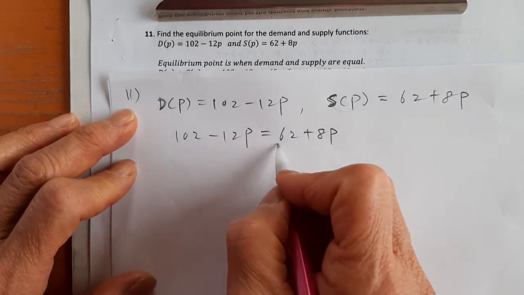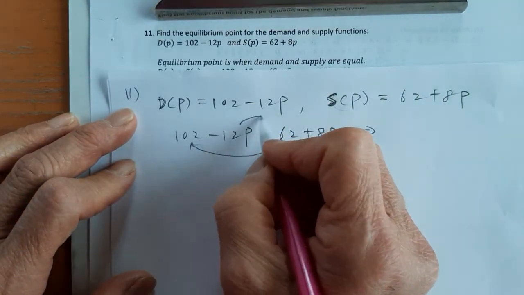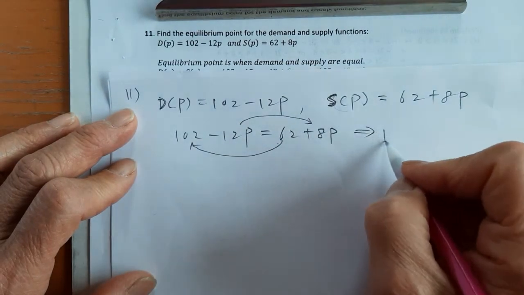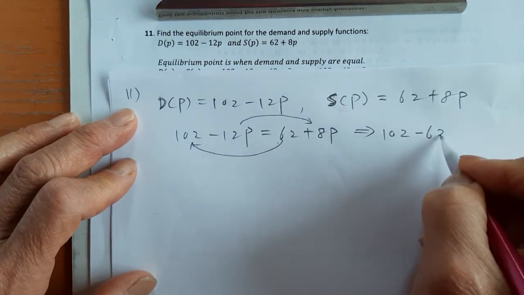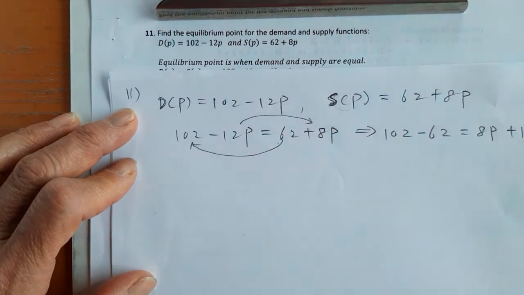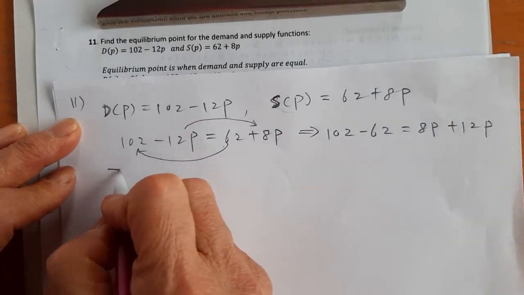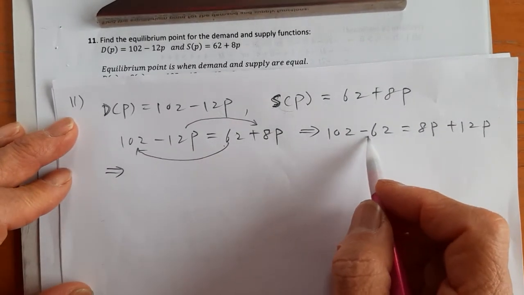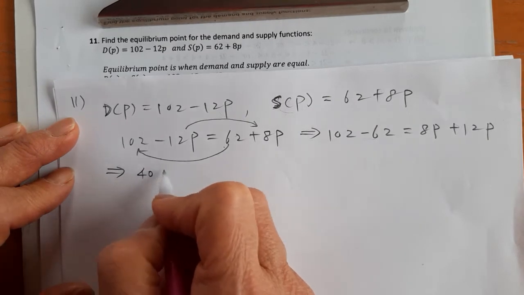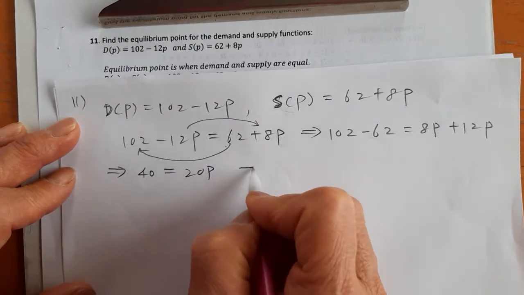So then you move 62 to the left and 12p to the right, changing the sign. We get 102 minus 62 equals 8p plus 12p. Then 102 minus 62 is 40, equals 8p add 12p, which is 20p.